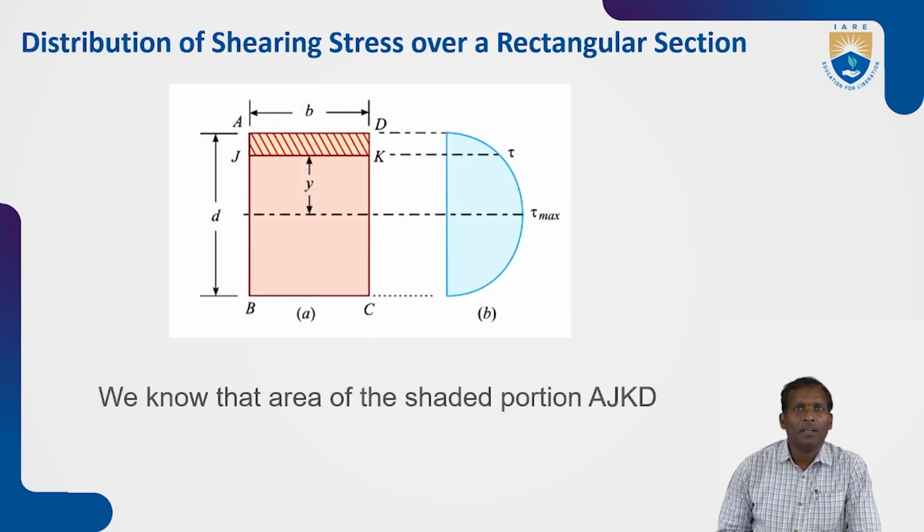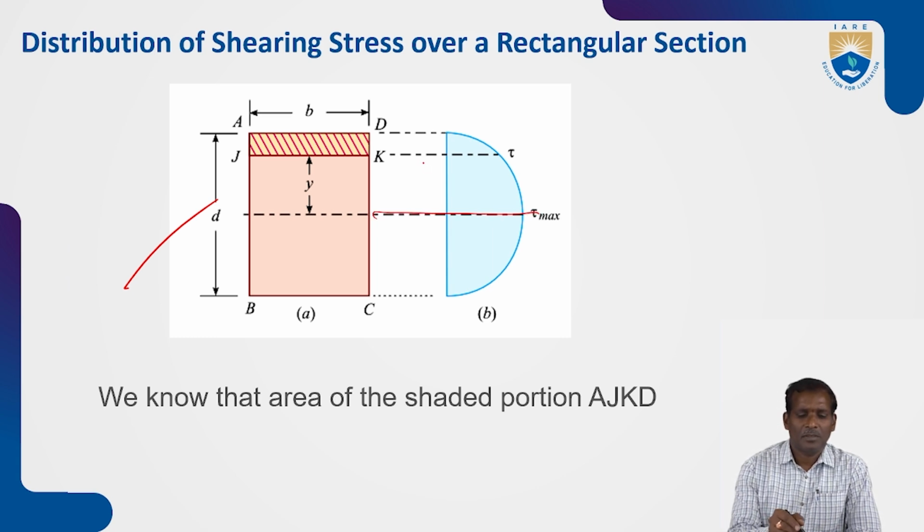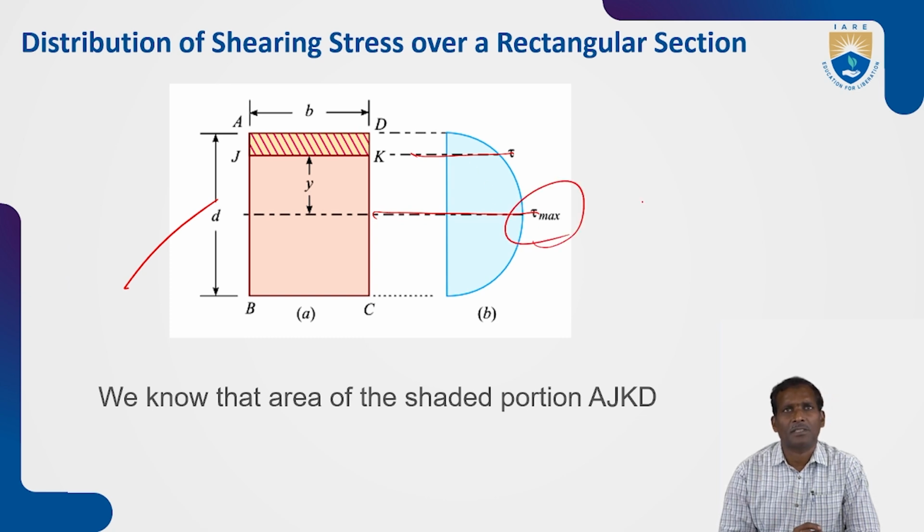We know the area of the shaded portion AJKD, as shown in the figure, and the shear stress distribution. Here we will get the maximum shear stress at the neutral axis.